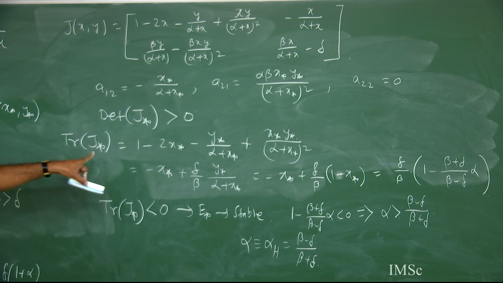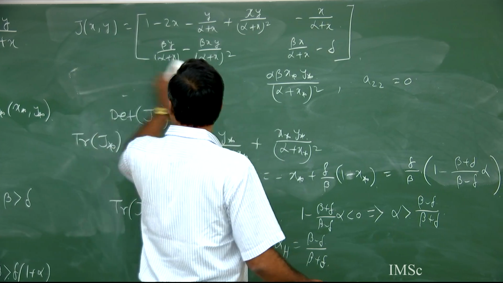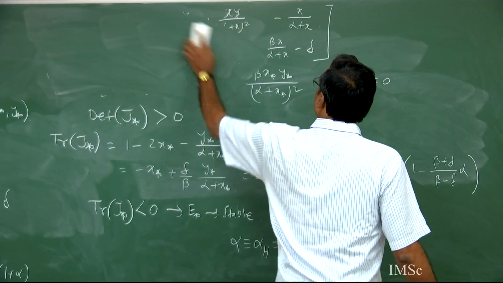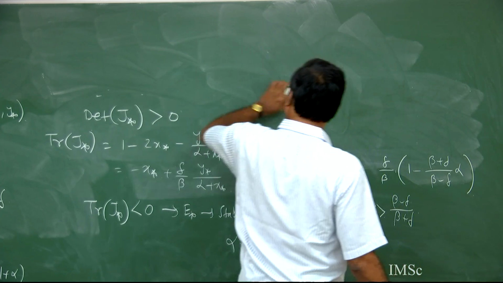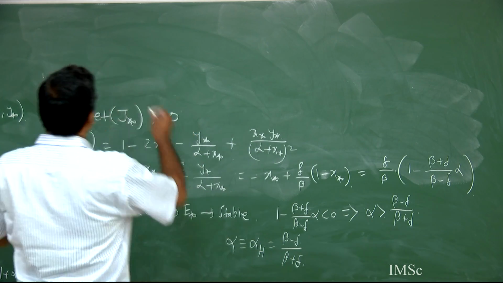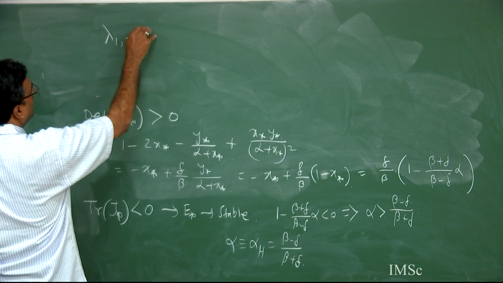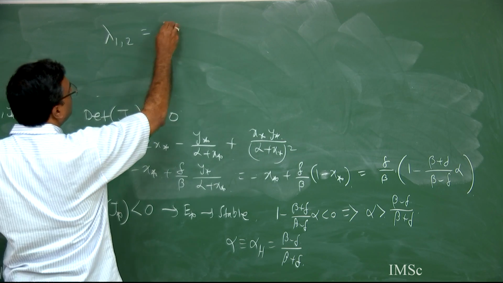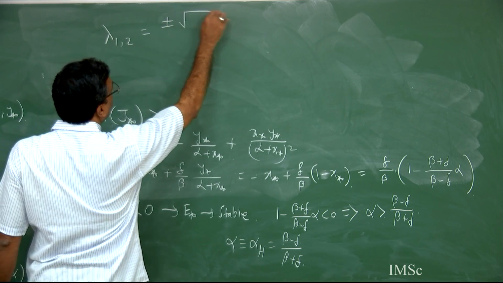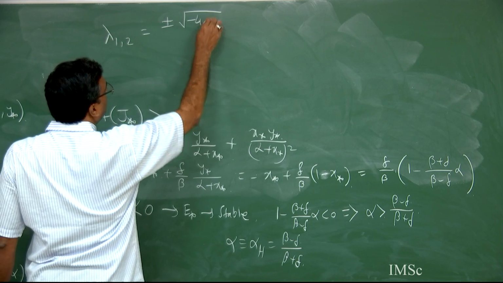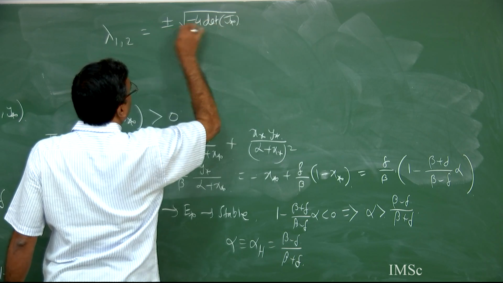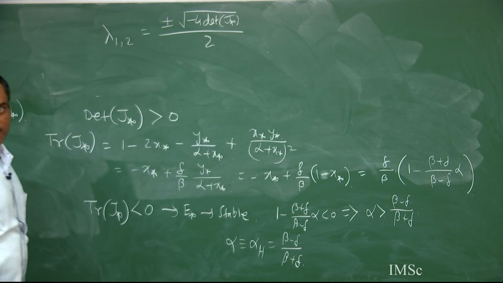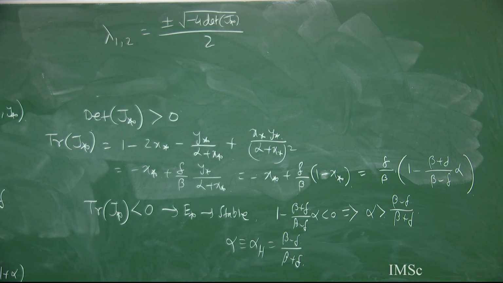So once your trace of J star is equal to 0, then for Jacobian matrix evaluated at E star, lambda 1, 2 will be equal to plus minus root over minus 4 determinant of J star divided by 2, because your trace is 0.